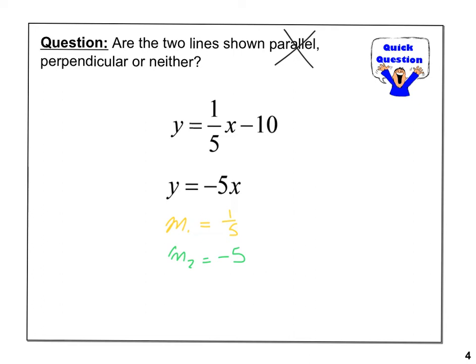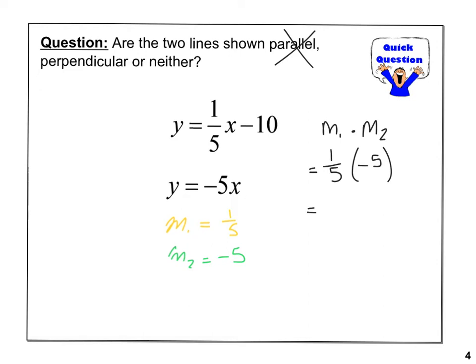In order to prove whether or not it's perpendicular, I'm going to take m1 and multiply it by m2. If it equals negative 1, then they're negative reciprocals, and I know that it's perpendicular. So m1 is 1 over 5, and m2 is negative 5.